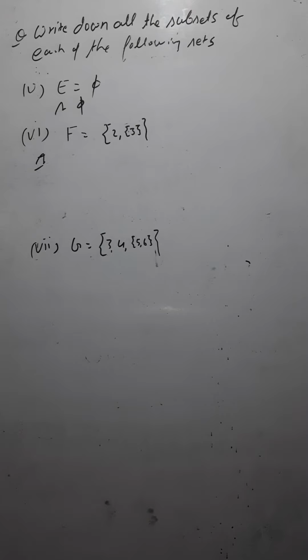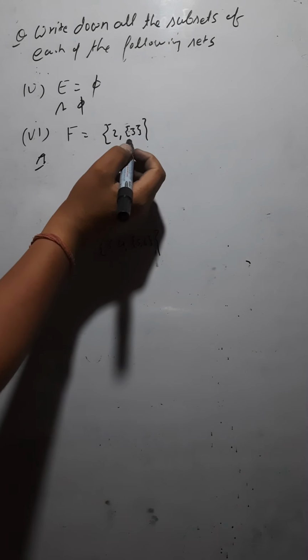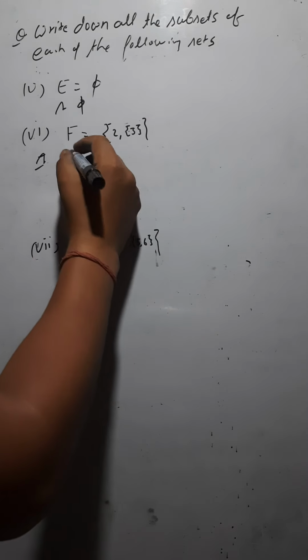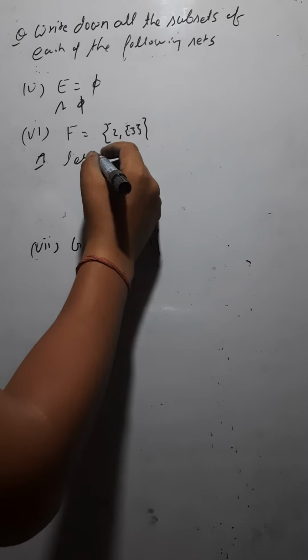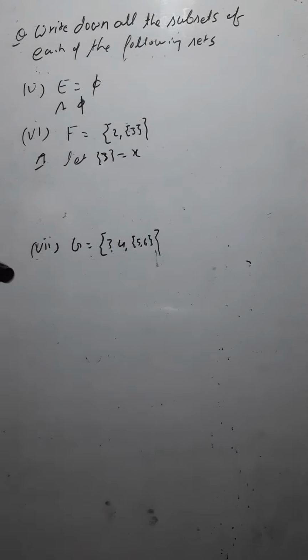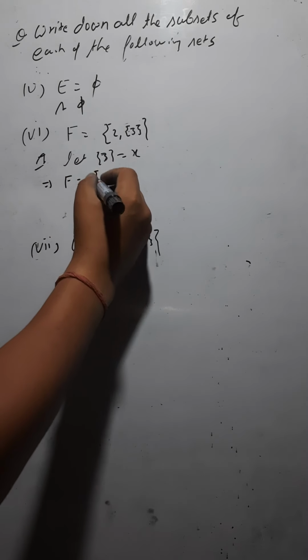Okay. So now how would you find out? You have been given a different set here inside the set. So let's say it is X now. So let me write here. Let this set 3 be equal to X. Now if this is X, so it implies what? The set F is having 2 elements now.